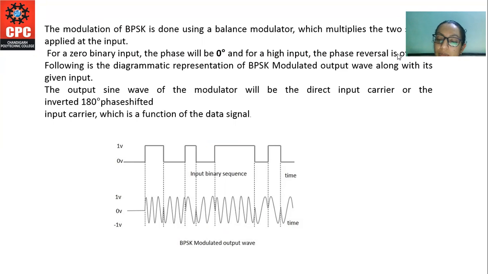According to the bandwidth requirement, the BPSK signal has the same bandwidth as ASK. But BPSK has an advantage over ASK in terms of performance: the BPSK signal is very superior to the ASK signal in noisy conditions.